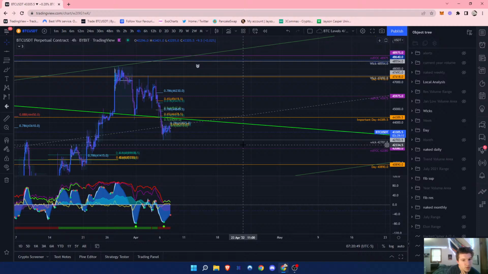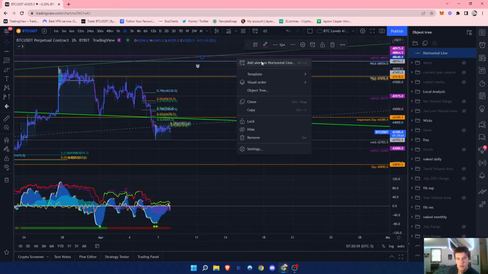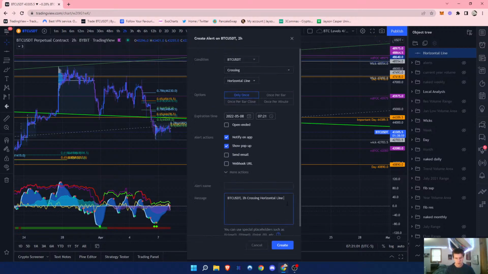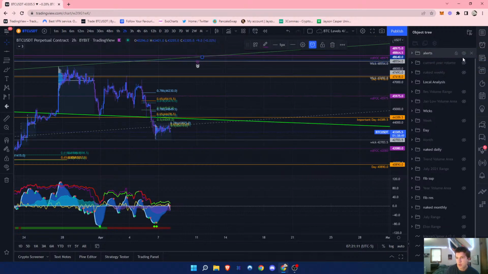Go to the 4 hour, same thing. So this could be a 2 hour play, a decent trade to take. I'm just going to put my alert again just below that level. And bam, that is pretty much all my trades planned out for the day or so.